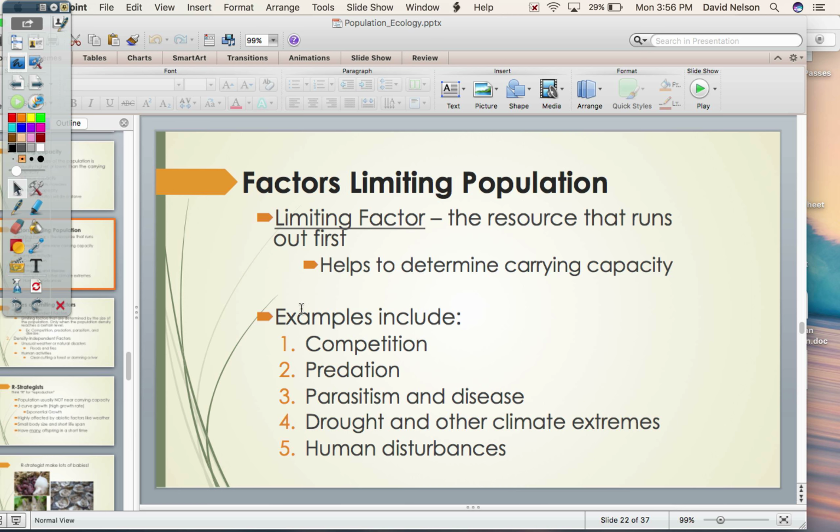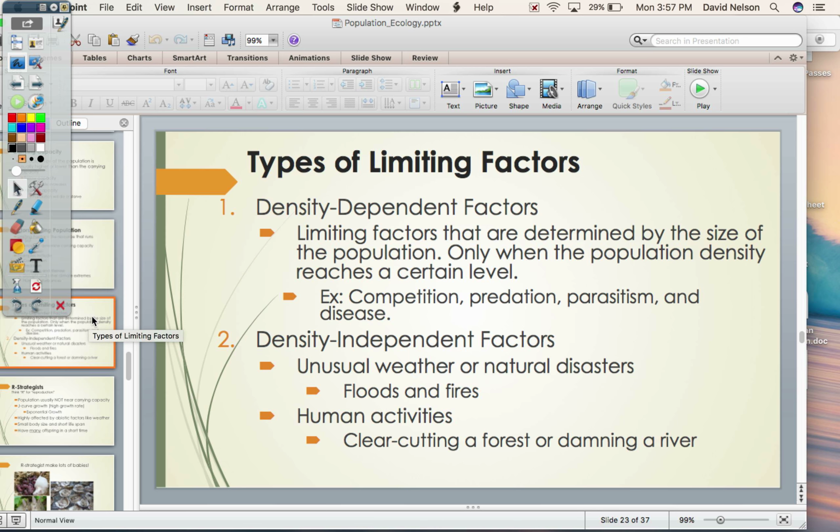So we're not going to be able to just exponentially grow a population because we're going to be fighting for certain resources and defending resources from others. Predation, parasitism, and disease, drought and other climate extremes like floods or just natural disasters, and then human disturbances are going to be some other factors that could influence population size.